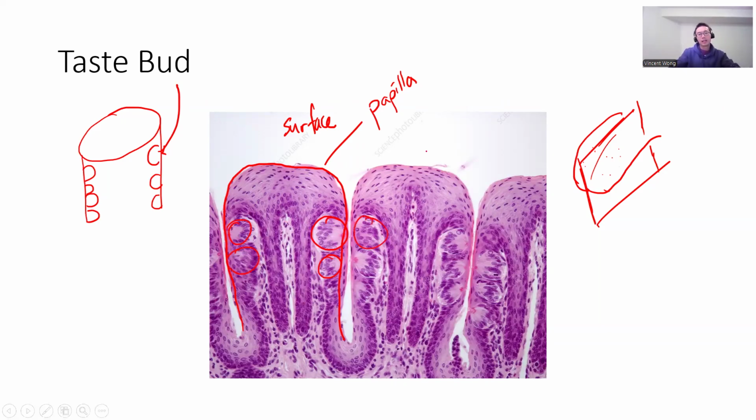So when you're eating, the food is gonna be on the surface here, and then some of the chemicals would go in between the papillae, and then depending what's in it, like sodium, glucose, that would stimulate the taste buds, and then an action potential will get sent to the brain, and you would interpret the taste of your food.